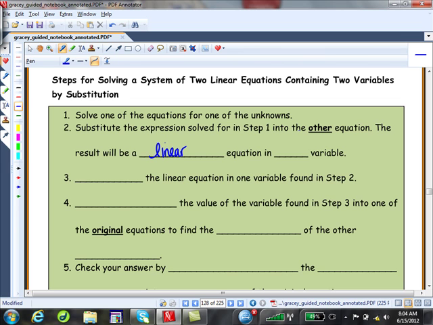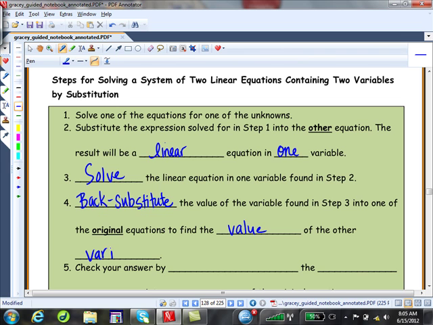That's what we were doing in chapter 2, I think. Then solve the linear equation in one variable that you found in step 2. Then back substitute the value of the variable found in step 3 into one of the original equations to find the value of the other variable.